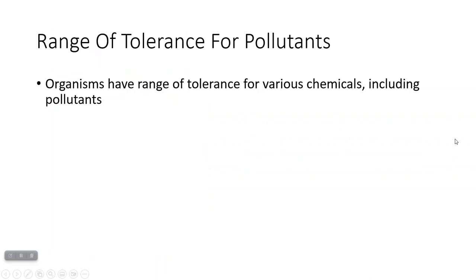Like we talked about in our first or second unit, organisms have a range of tolerance for environmental factors, like a pH or a temperature range that organisms are healthiest at. Well, you can think of that happening for pollutants as well. Organisms have a range of tolerance for pollutants.